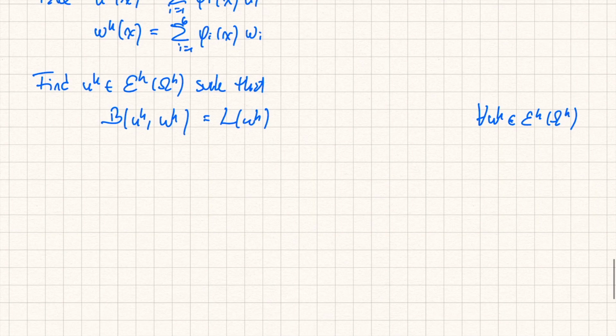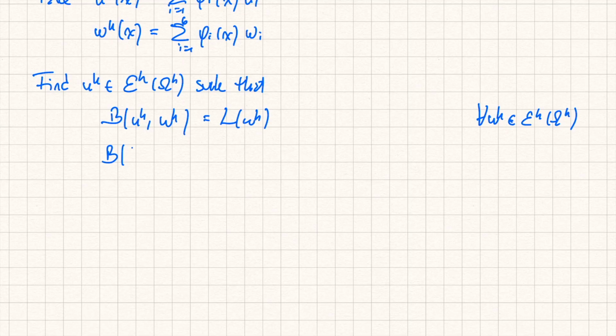Well, let's plug in those expressions. So we have now the bilinear form, and remember that the bilinear form was commutative. It didn't matter whether uh or wh was on one hand or the other.